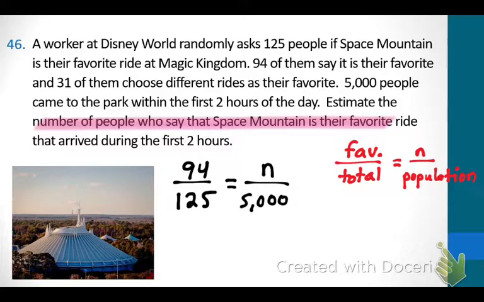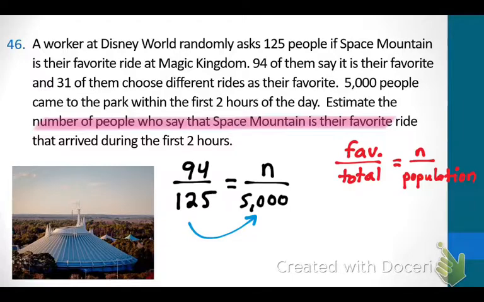How many of you remembered to do it this way? Okay, a lot of people chose to do it with cross products, 94 times 5,000, and then 125 times N. I am much more of a mental math person. Do you guys know how to get from 125 to 5,000? Multiply by 40.